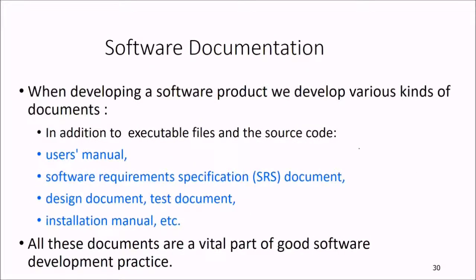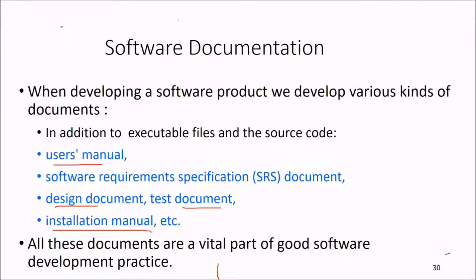Then comes the software documentation part. When you are developing a software product, you are supposed to write certain documents. In addition to executable files and source code, you have user manuals, SRS, design documents, test documents, and then an installation manual.